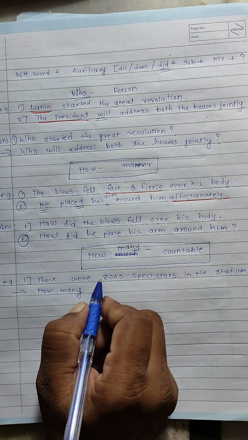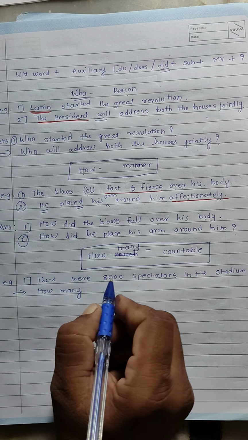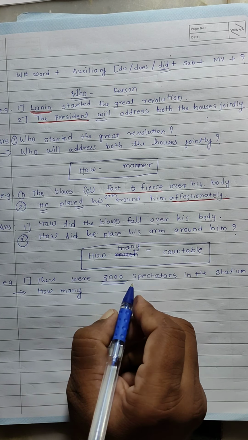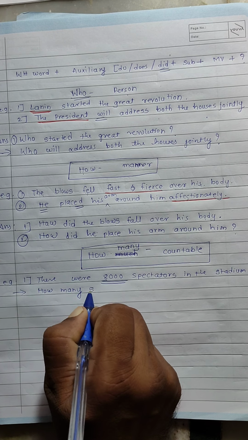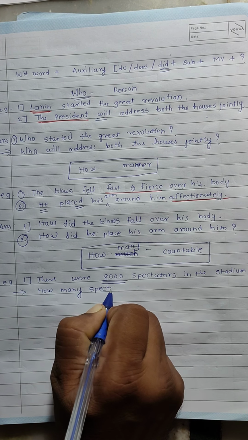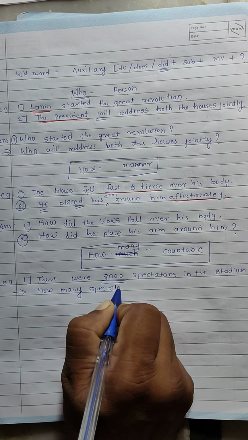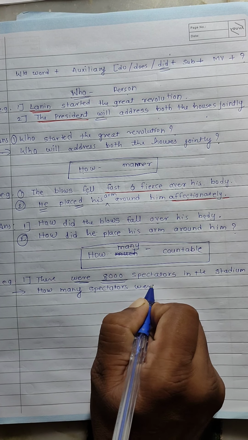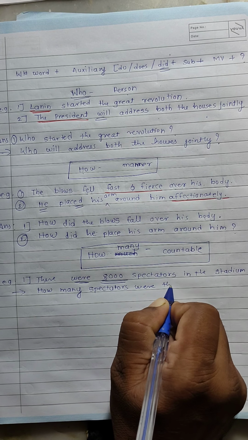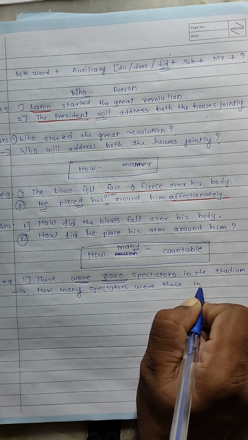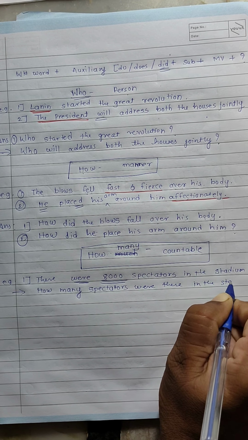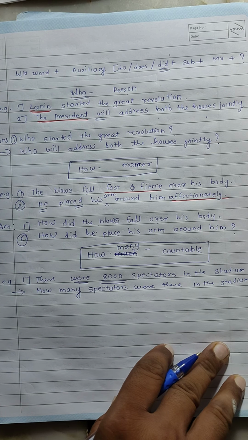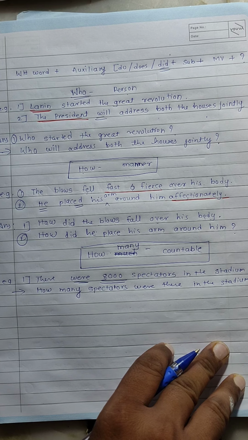Your underlined part is how many spectators, then were, there, in the stadium, and it ends with a question mark. That's how you can ask questions here.